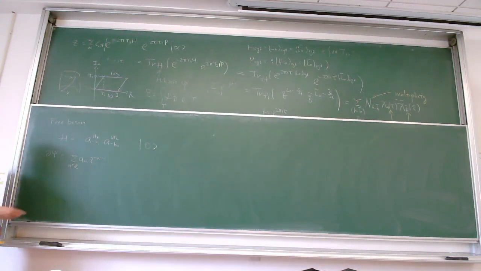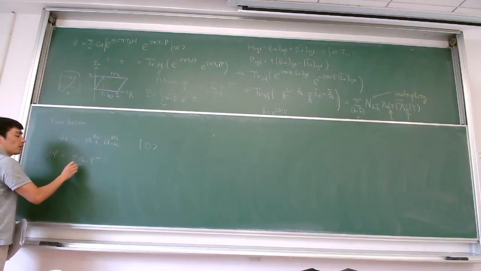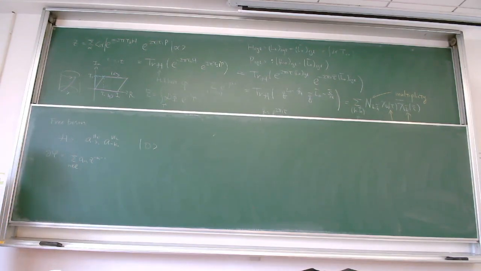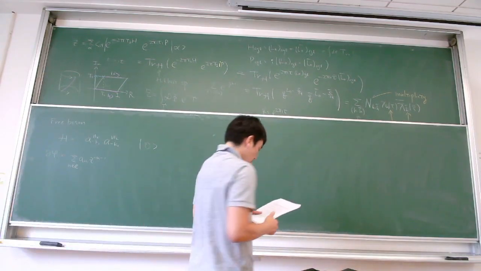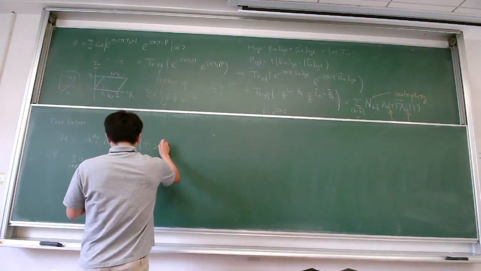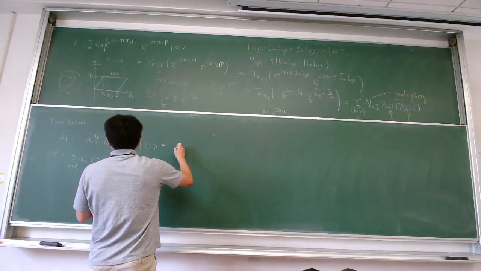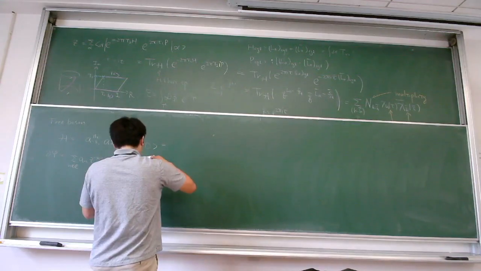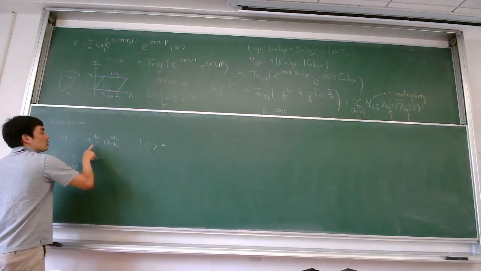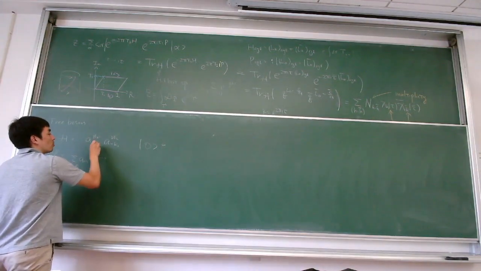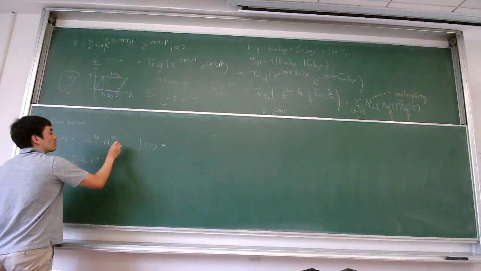As you recall, you just do the Fourier expansion, and we treat a_n as the operators that define creation and annihilation.